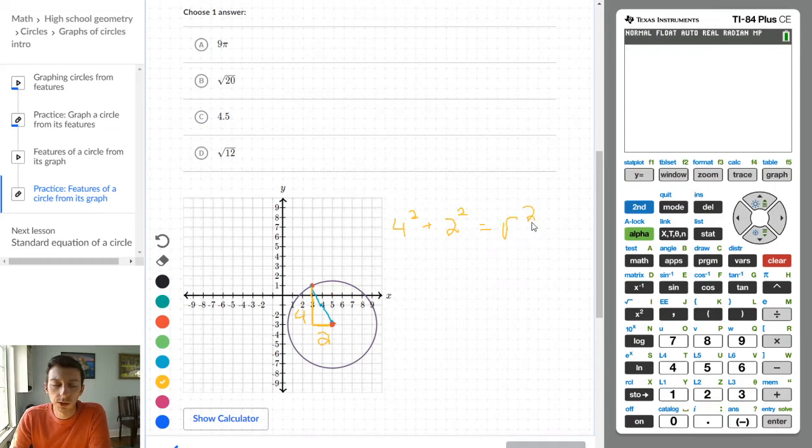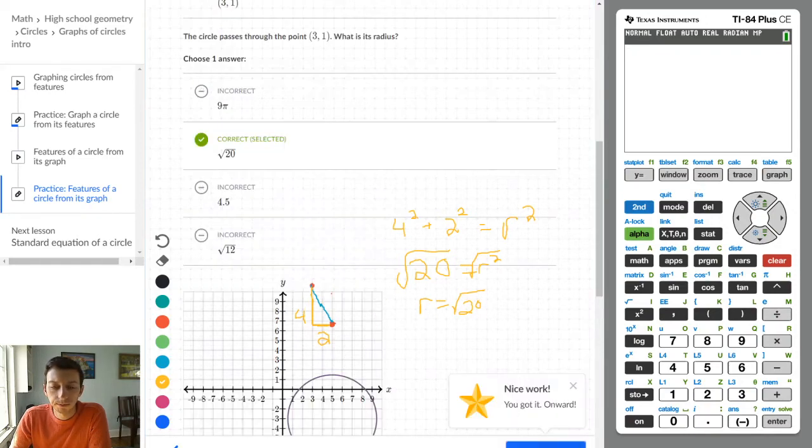So this is the radius squared. So 4 squared is 16, and 2 squared is 4. So 16 and 4 is 20. So 20 is equal to the radius squared. And then I'll have to take the square root of 20. So again, excuse my writing here, but the radius should be equal to the square root of 20. And that's what I have here.